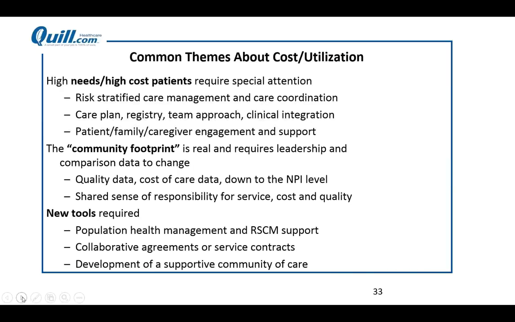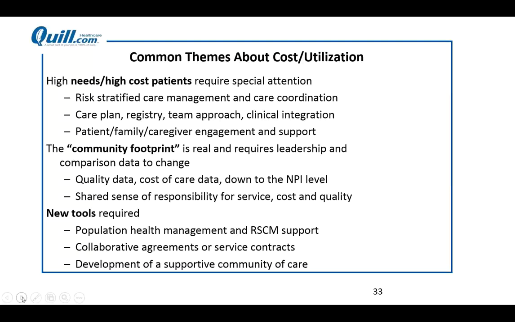So I wanted to talk about a couple of common themes around cost and utilization that we learned in my work at TransferMed. Certainly the first is that there are certain high-needs, high-cost patients. As I talked about, the risk-stratified care management is really absolutely essential.